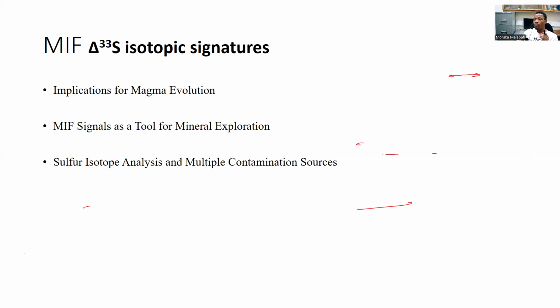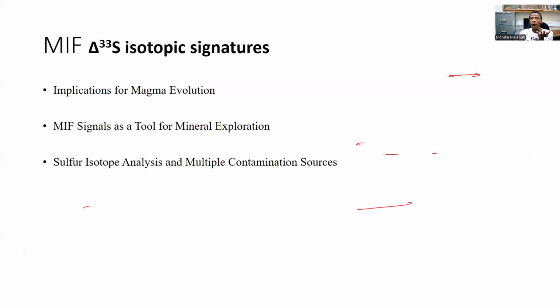Okay, so when you're using the sulfur isotope analysis, combining the mass-dependent fractionation and mass-independent fractionation signatures, the geologists would be able to differentiate between the different contamination events, because now they're using the combination of the two. They'll be able to know the different contamination events.